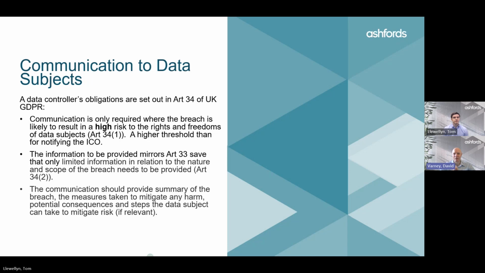So the notice should include the nature of the breach, what's happened, the potential risks. As a rule, the threshold is high risk of harm, so things like financial fraud, identity theft. Any steps they might want to take, maybe reset their passwords, be aware of suspicious transactions on bank accounts, fraud, credit monitoring, as well as contact details for further information. Typically, that would be the DPO of any organisation that's suffered a breach.